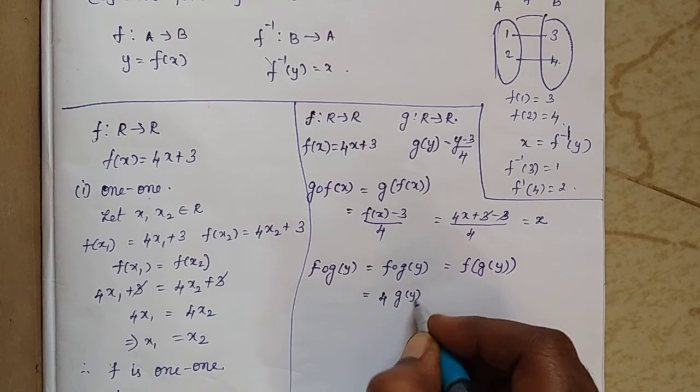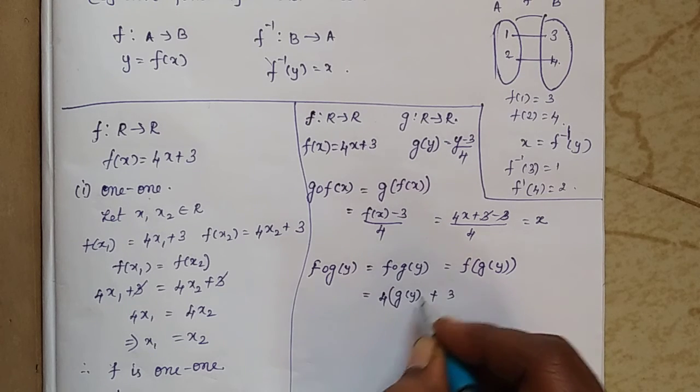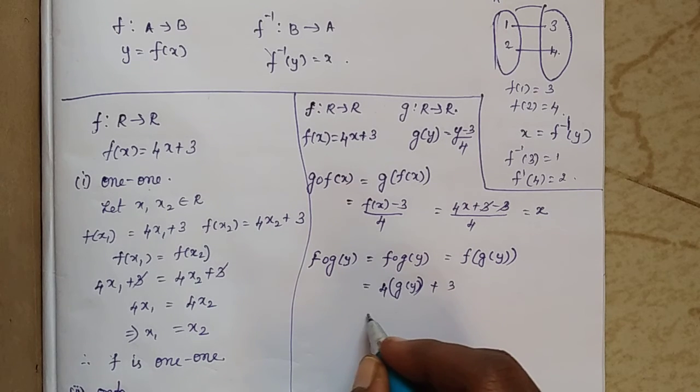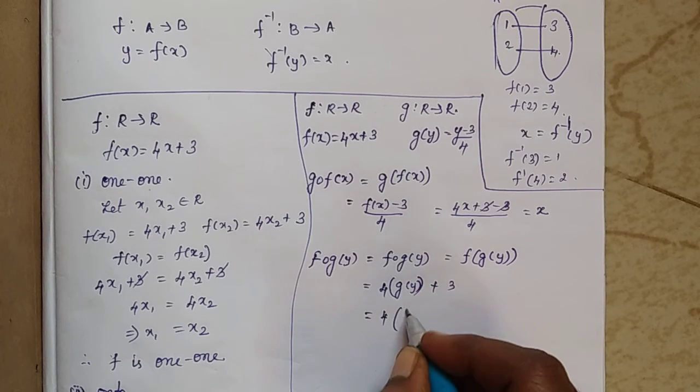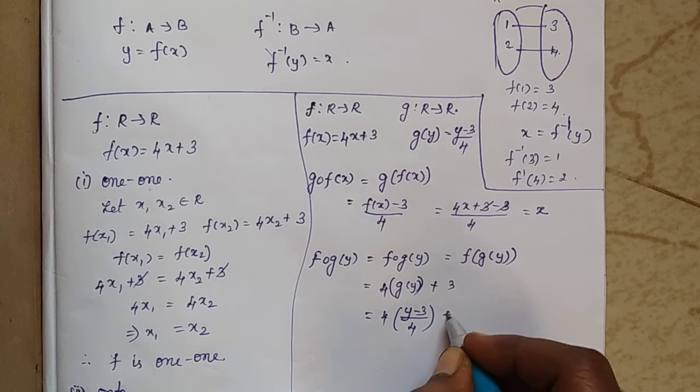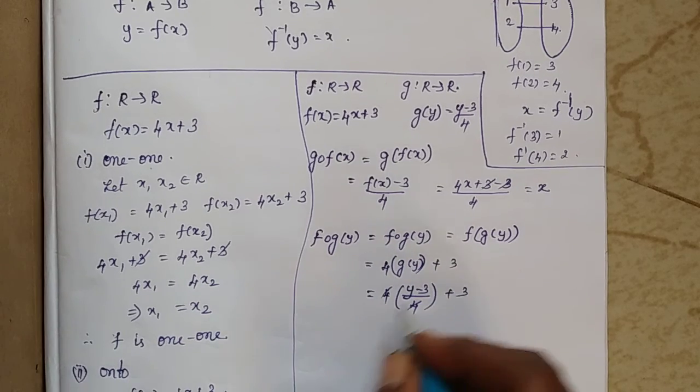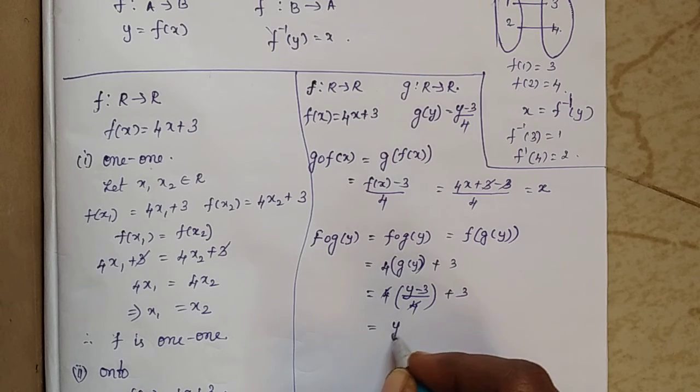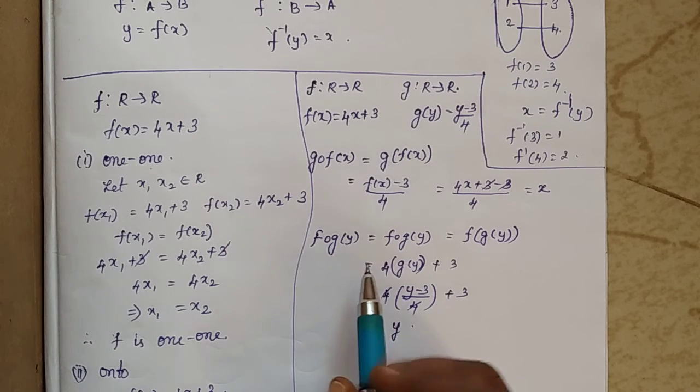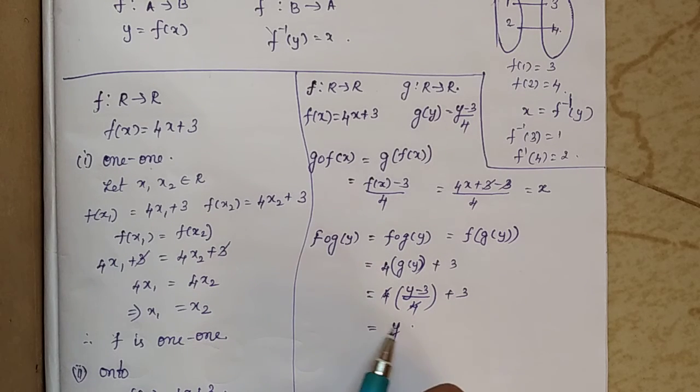So 4 into g of y plus 3. Now this is equal to 4 times (y minus 3) by 4, plus 3. So these two will get cancelled. So this is equal to y only. Now see here, when I give the input as y, I got the answer as y.